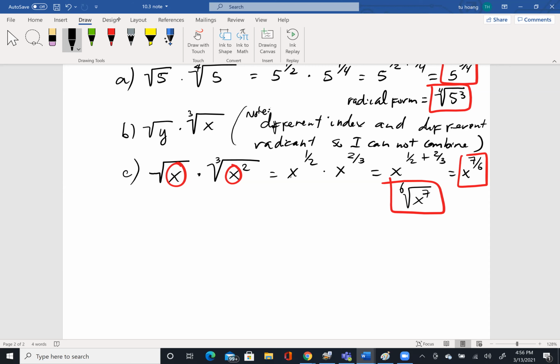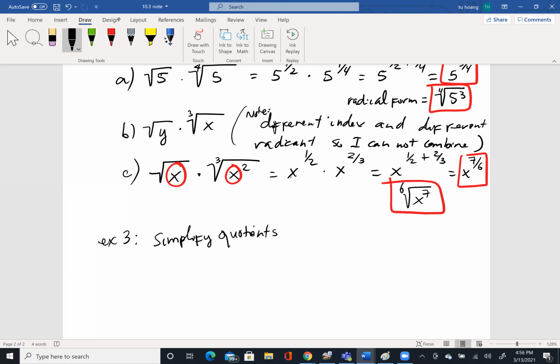So let's talk about quotients. Example number 3: simplify the quotient.